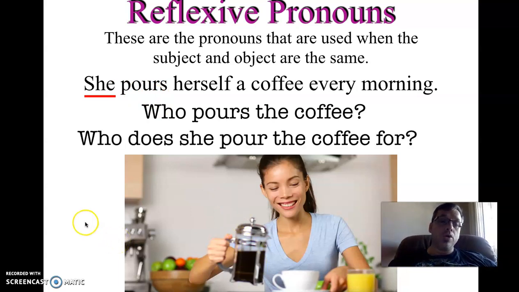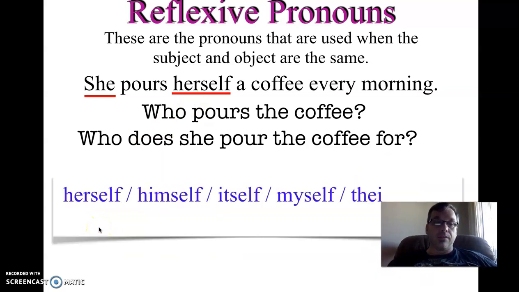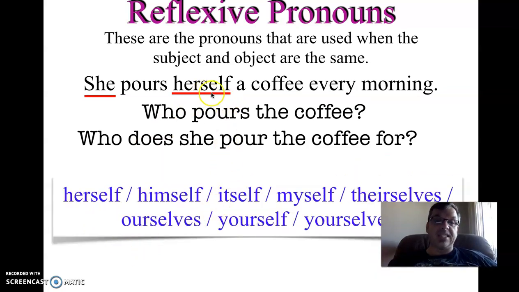But who does she pour the coffee for? Well, we're not using an object pronoun. She doesn't pour the coffee for him, because she's pouring it for just herself. So she pours the coffee for herself. The subject and the object are the same, so we use a reflexive pronoun for that. And you can tell reflexive pronouns because they have the self, either the singular self or the plural selves.